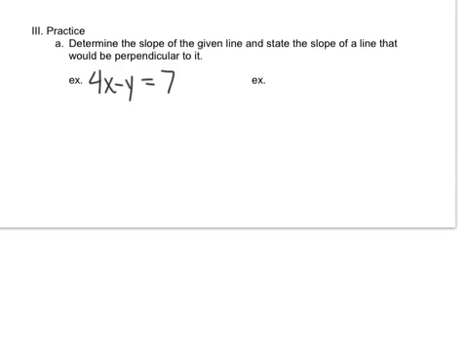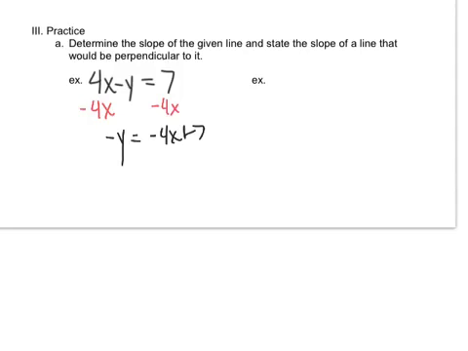Alright, so in these examples we're going to determine the original slope, and then we're going to give the perpendicular slope, the slope of a line that would be perpendicular to the original. So here I have 4x minus y is equal to 7. To obtain the slope, I've got to put it into y equals mx plus b form. So I'm going to subtract 4x, I've got to solve for y, and I get negative y is equal to negative 4x plus 7.